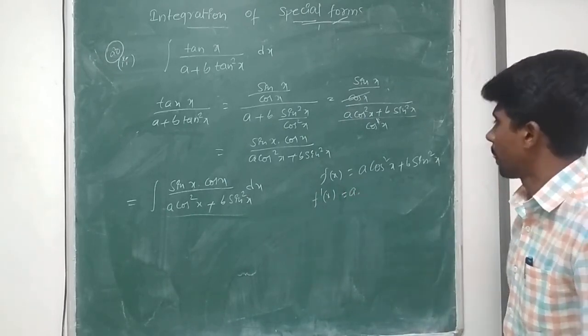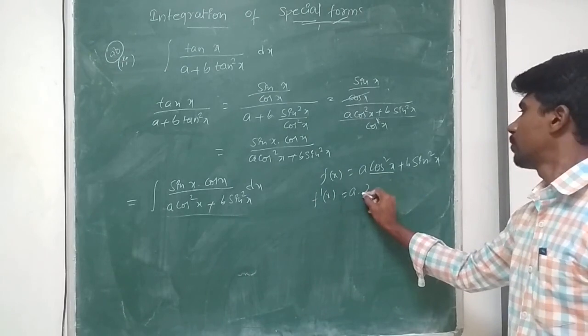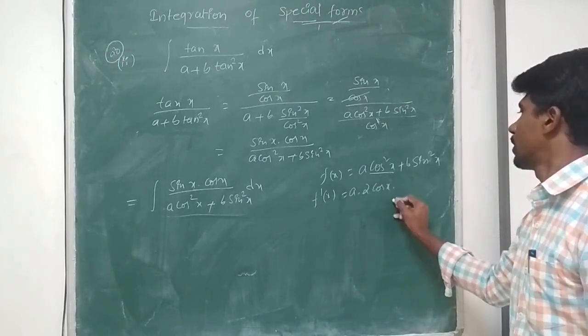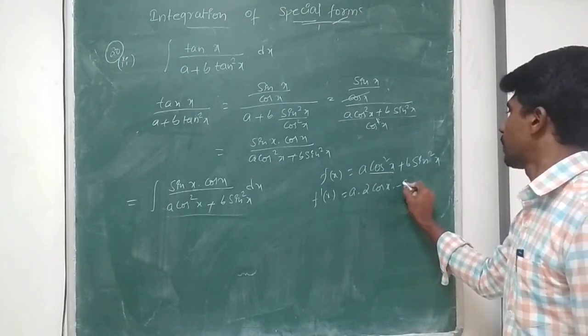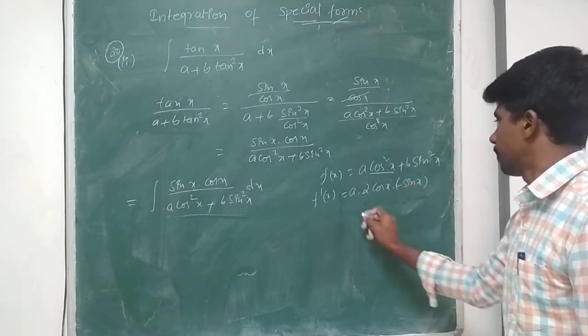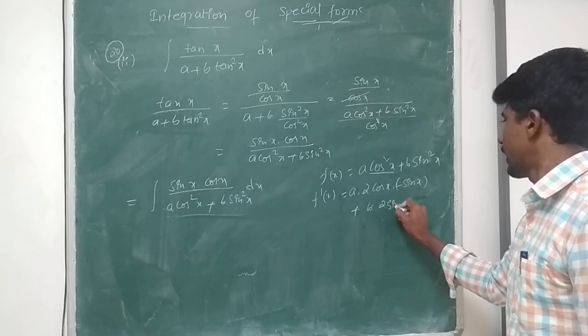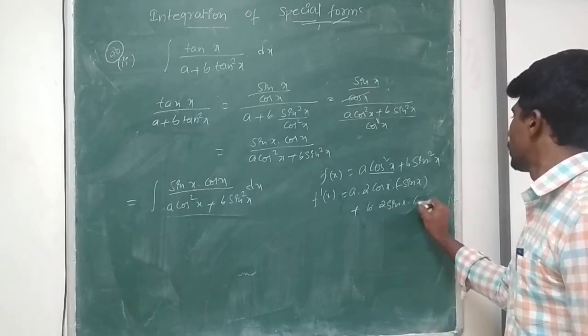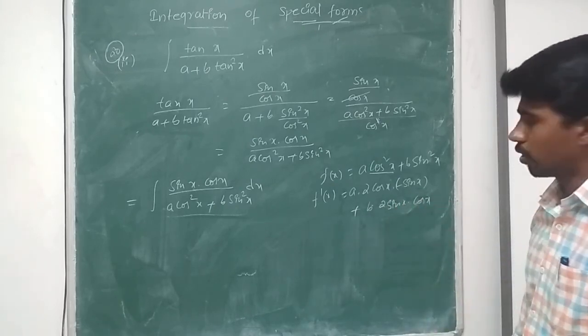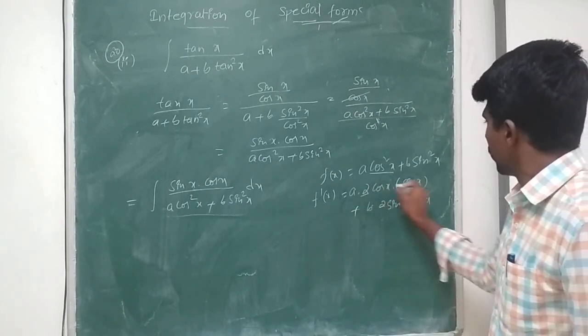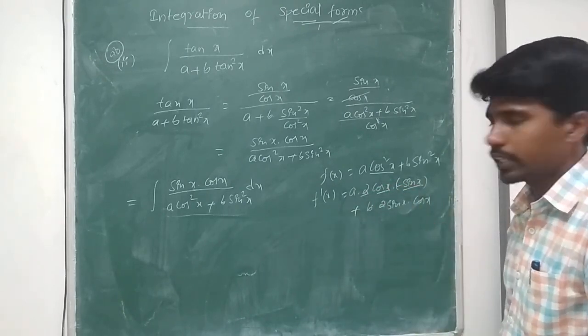a into cos square x derivative, 2 cos x into minus sin x, plus b, 2 sin x into sin x derivative cos x. 2 sin x cos x is sin 2x.